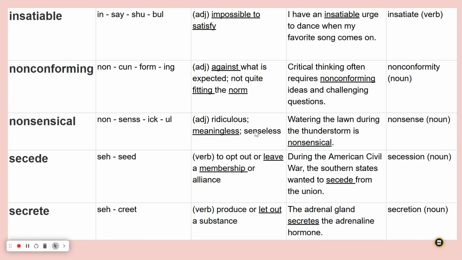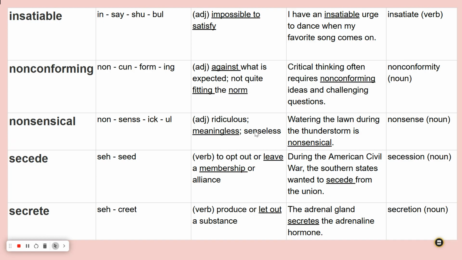Critical thinking often requires non-conforming ideas and challenging questions. So, what that sentence is saying is that it's really important to disagree or challenge ourselves with different points of view in order for us to think critically. And then nonconformity would be the act of choosing not to fit in.